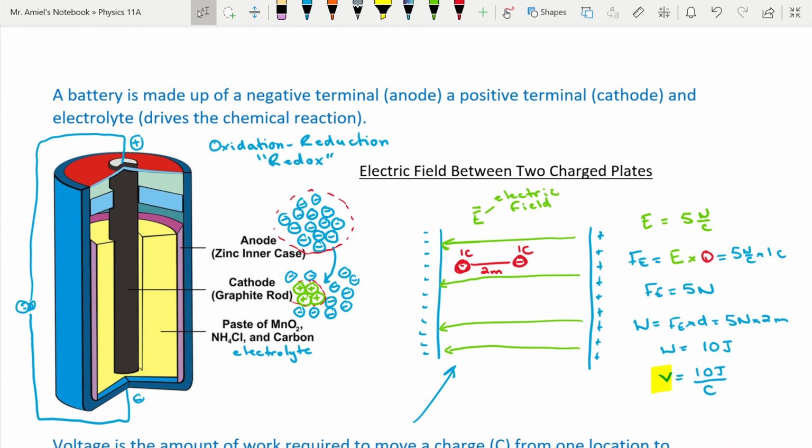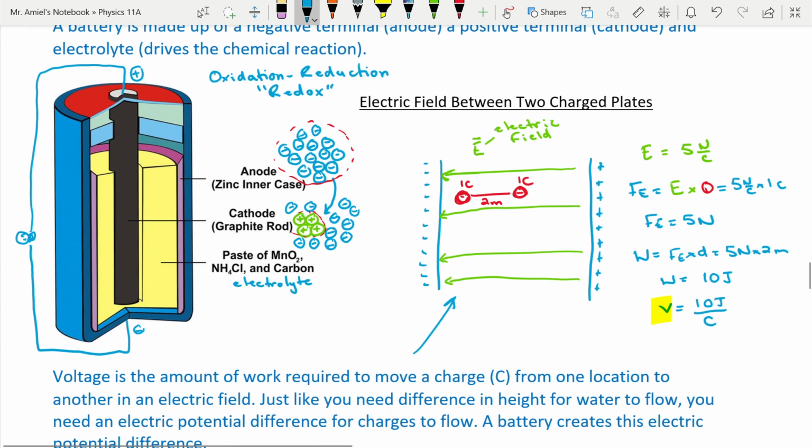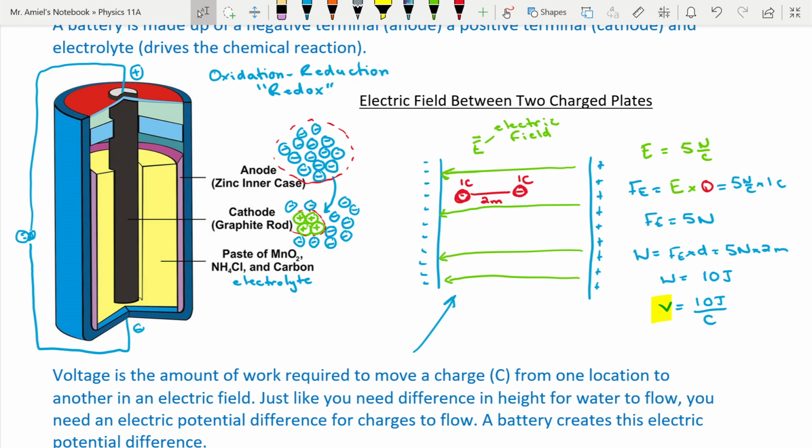The potential difference is set up by this reaction where we're getting a whole bunch of negative electrons, a negative charge at the anode, and they want to go to the positive cathode. And when we connect the positive and the negative terminal, that potential turns into an actual kinetic flow of charge. So the potential difference sets us up to be able to move that charge.